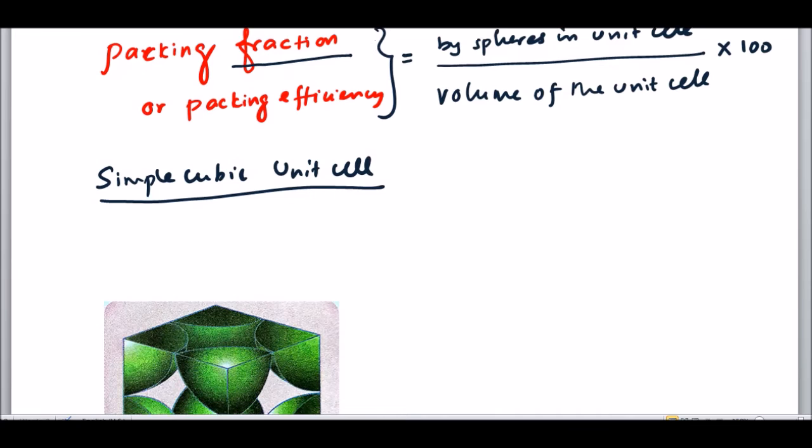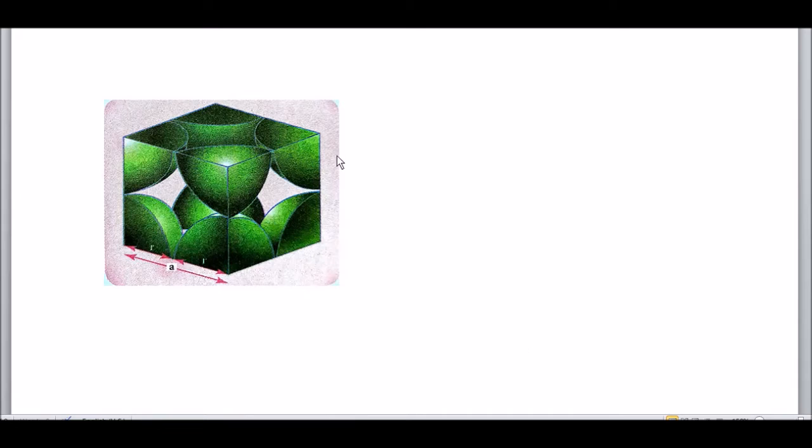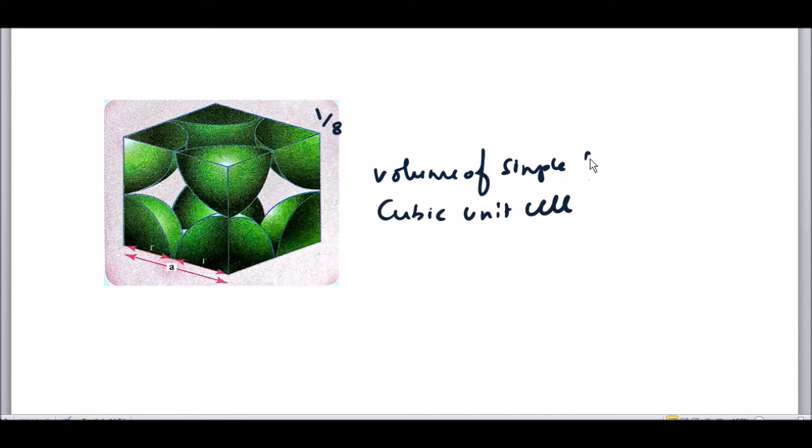Consider this simple cubic unit cell in which the corners are occupied by the atoms, which means 1 by 8th of that particular atom is present in a corner. For the simple cubic unit cell, the edge length is noted as a. So the volume of the simple cubic unit cell can be calculated as follows.